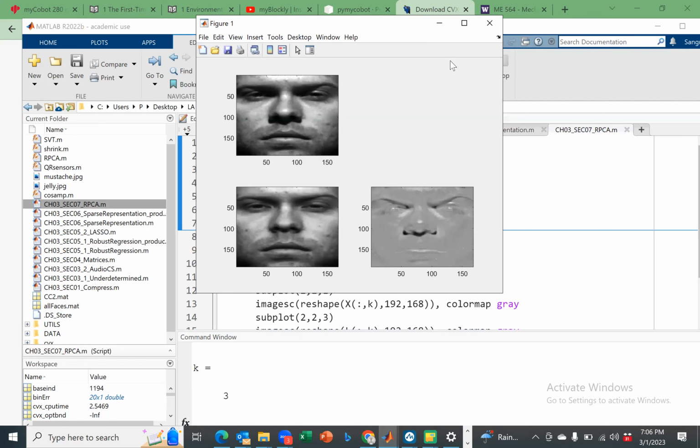So again, this gives you an example wherein the data set has a lot of noise and a lot of variation. You can perform robust principal component analysis and find the most important features.